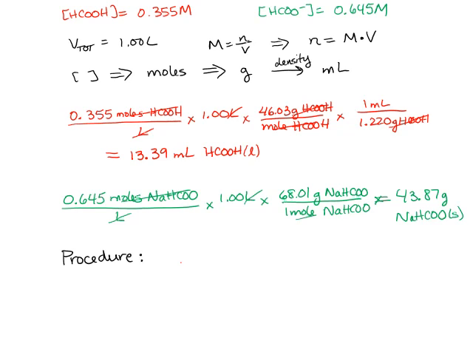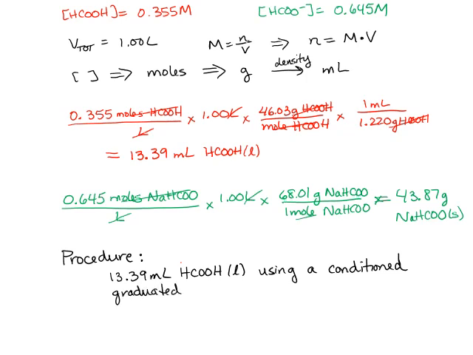To finish this problem off, we'll describe what we'll be doing. To make our solution, we're going to add 13.39 milliliters of the formic acid liquid, using a conditioned graduated pipette, to our 1 liter volumetric flask.